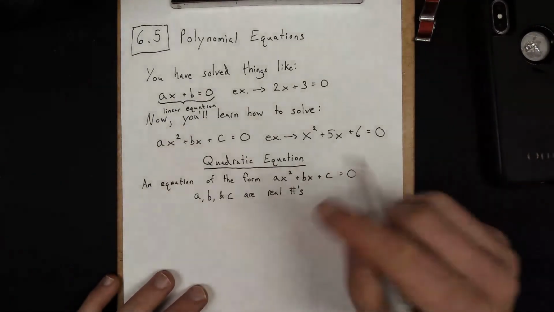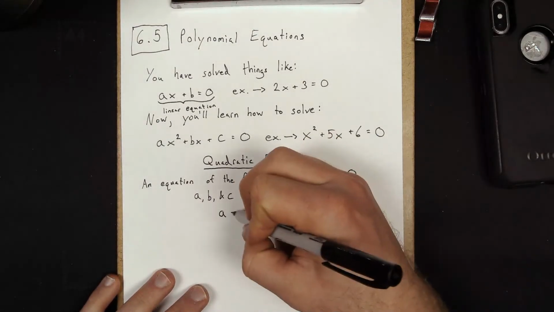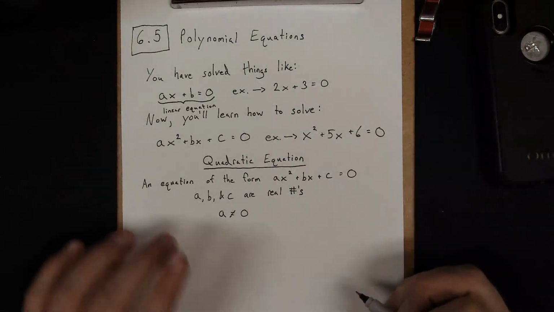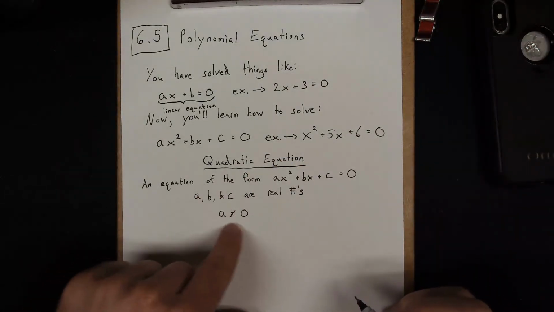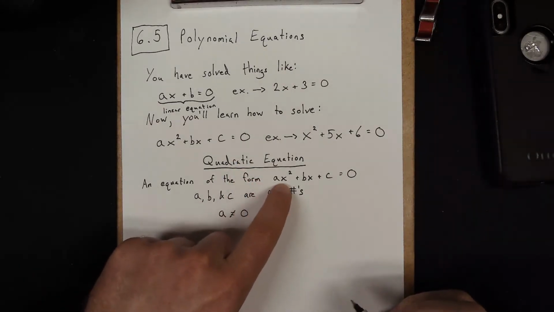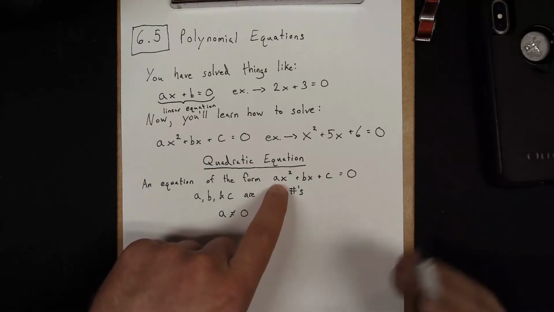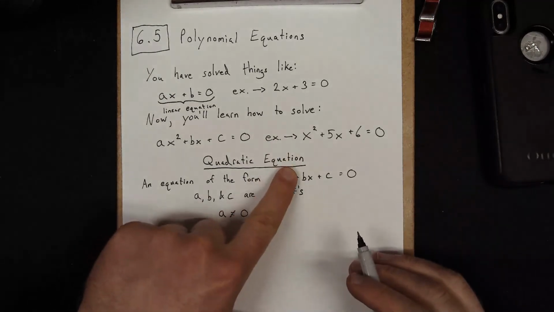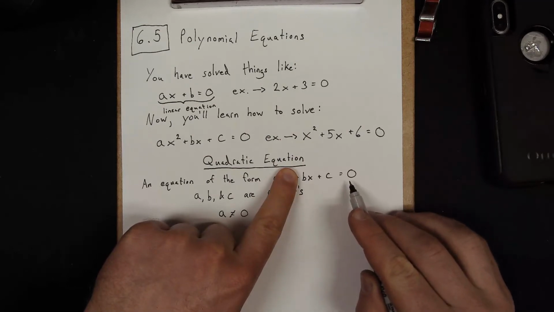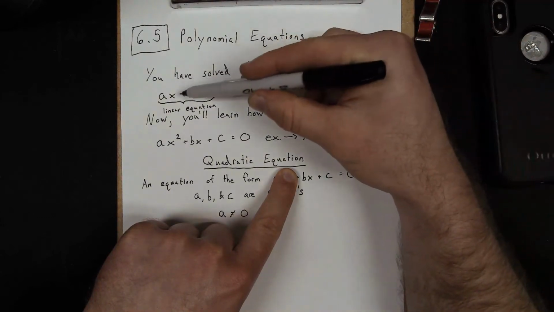There's one more rule. a cannot equal 0. Let's think about this. If a equaled 0, we'd have 0 times x squared, and anything times 0 is 0. So we would just have bx plus c is equal to 0. But isn't that a linear equation?